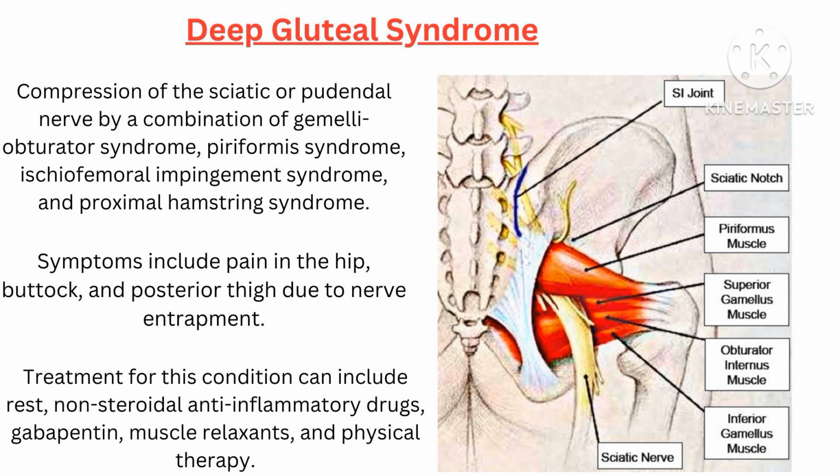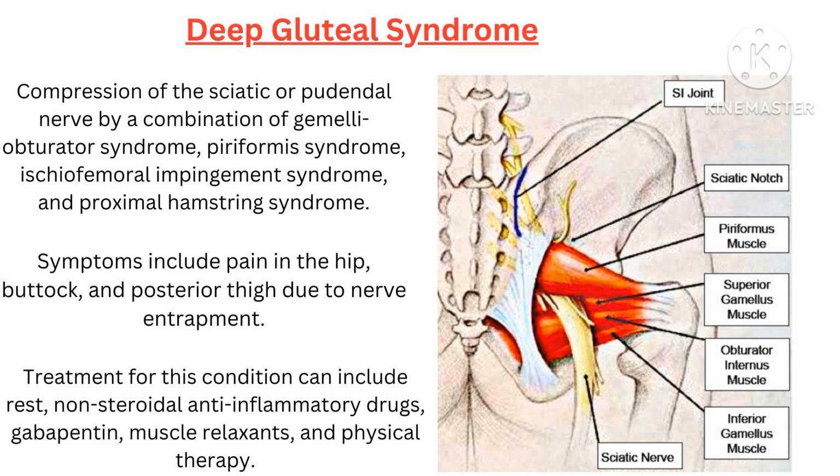Lastly, deep gluteal syndrome is a term used to describe the compression of the sciatic or pudendal nerve by a combination of gemelli obturator syndrome, piriformis syndrome, ischiofemoral impingement syndrome, and proximal hamstring syndrome. Symptoms include pain in the hip, buttock, and posterior thigh due to nerve entrapment.